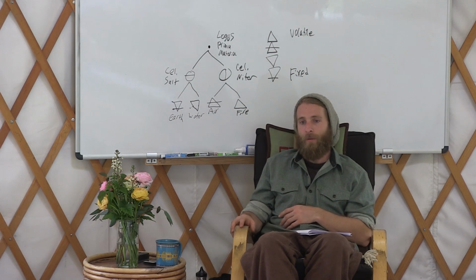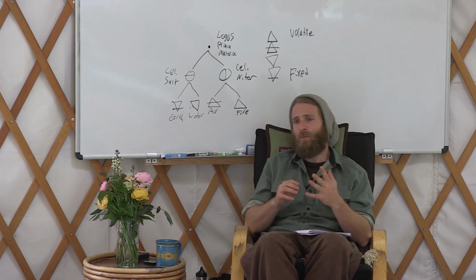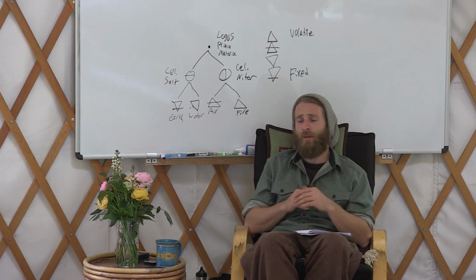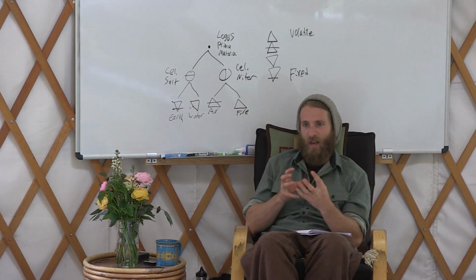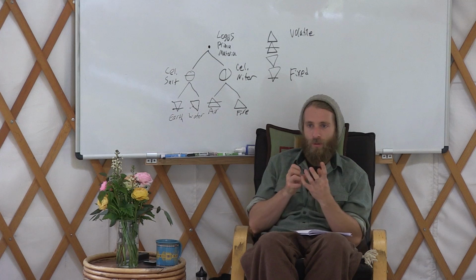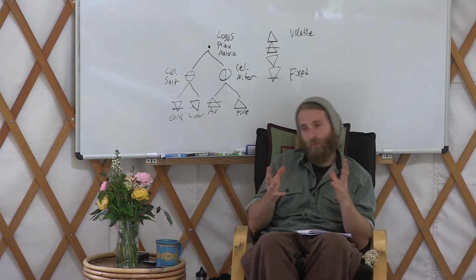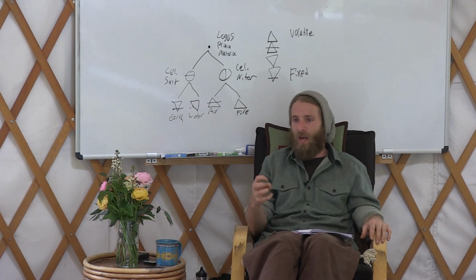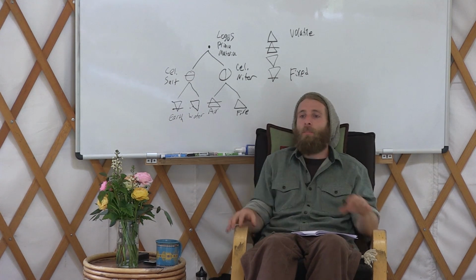I tend to think of it more as the earth, though. One of the major issues a lot of folks have with their liver tends to be stagnation, where energy gets stuck there, and stuckness tends to be related to earth. There are other cases where it's not, but for the most part, it can be too much accumulation, too much building up in there.